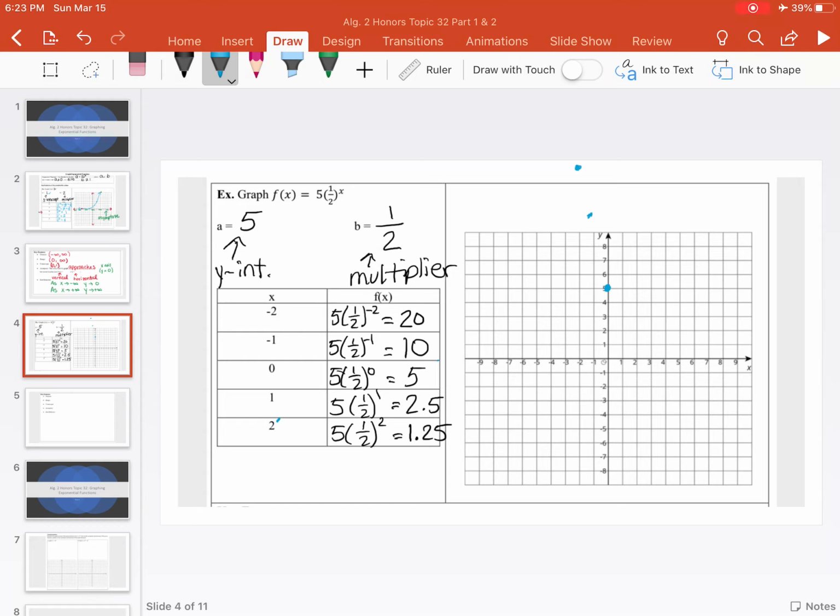Over 1, up 2.5. Over 2, up 1.25. And so on and so forth. Now, if we notice the pattern here, our graph is going to keep following this trend. And there is our exponential function there.